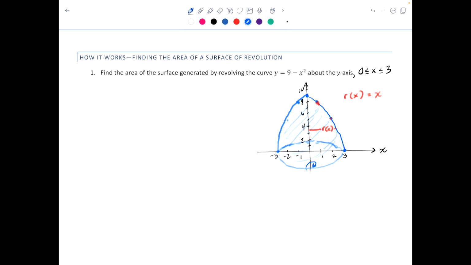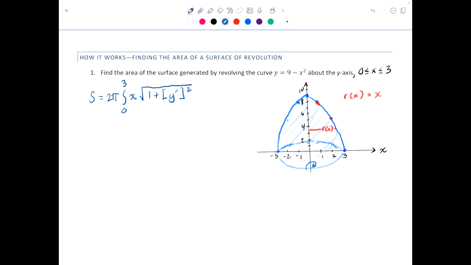Now, oftentimes these integrals are easier. That's the good news. So S is equal to 2 pi times the integral, x equals 0 is our a, x equals 3 is our b. And then we're going to have r of x, which is x, times the square root of 1 plus y prime squared.